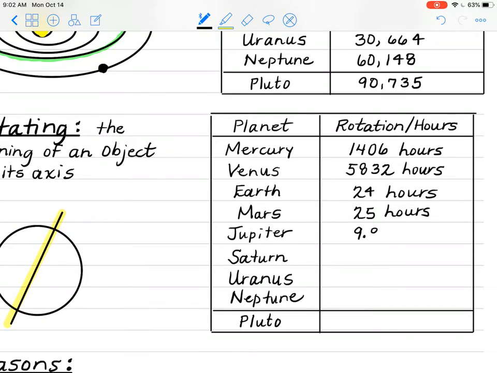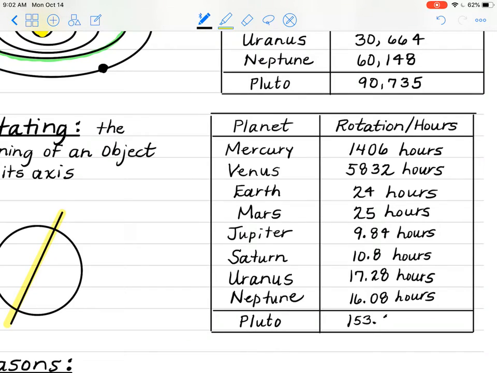Jupiter is 9.84 hours, so almost 10. Saturn is 10.8. Uranus is 17.28. Neptune is 16.08, so right about 16. And Pluto is 153.36.